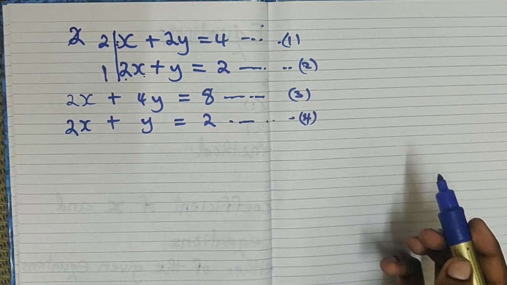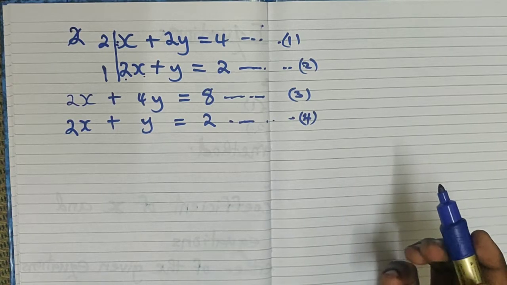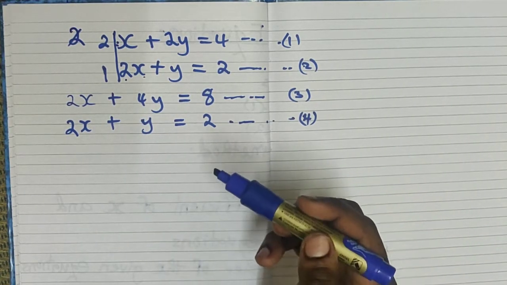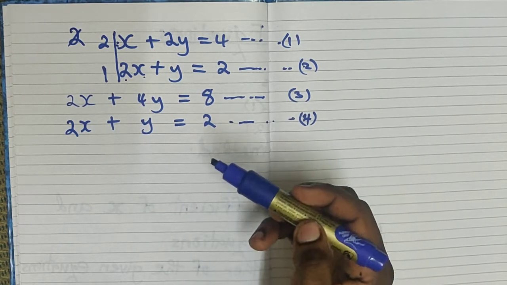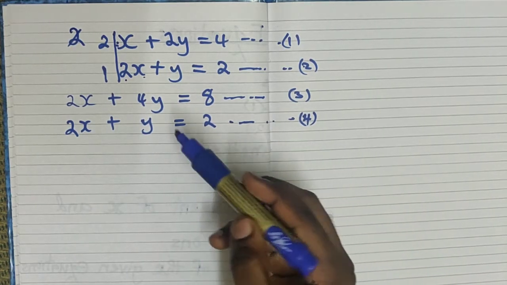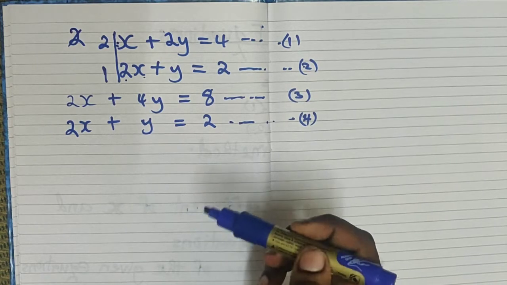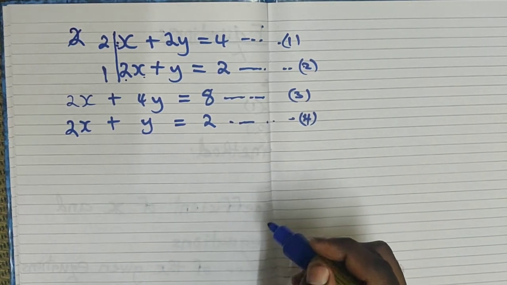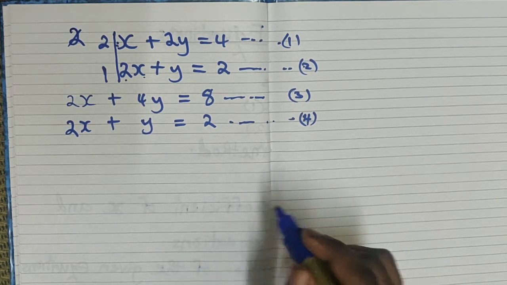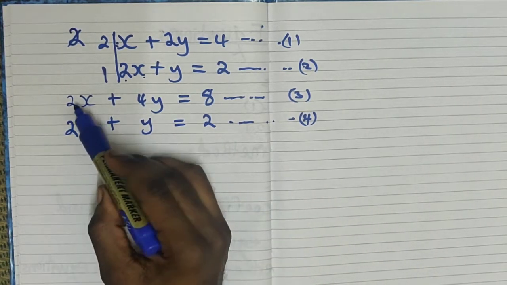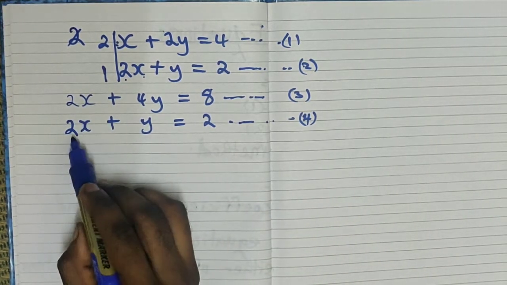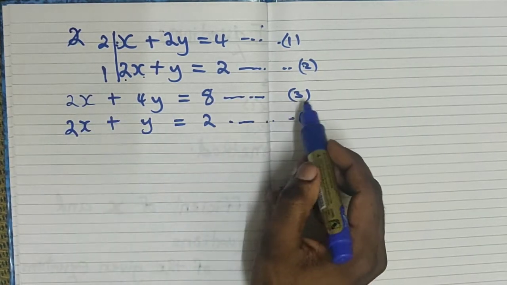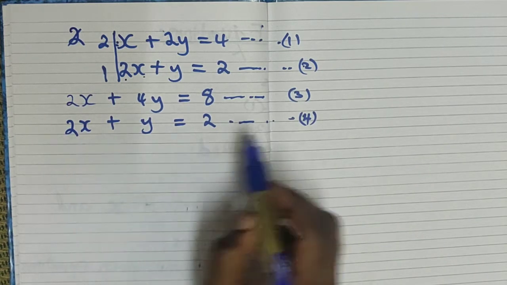Now, since we are looking for two variables x and y, what we are doing here is looking for the possible ways we can eliminate either x or y to have one variable before looking for the other variable. As you can see, we now have 2x in equation 3 and 2x in equation 4.